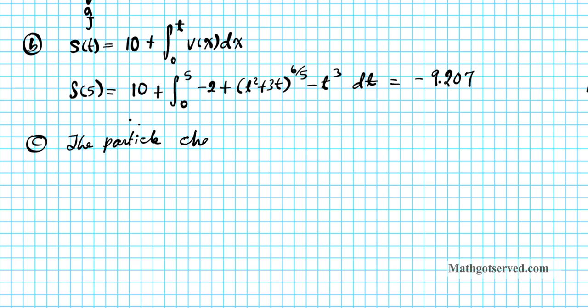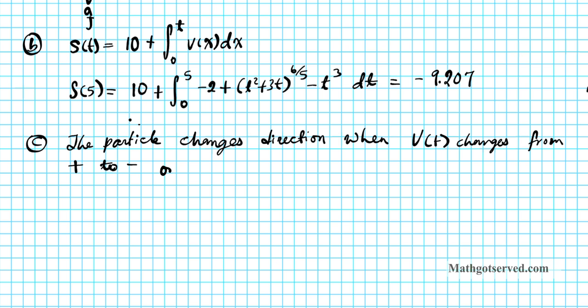Okay? So the particle changes direction when v, the velocity, changes from positive to negative, or from negative to positive. Okay? So it must attain a value of 0 first before this sign change actually happens.